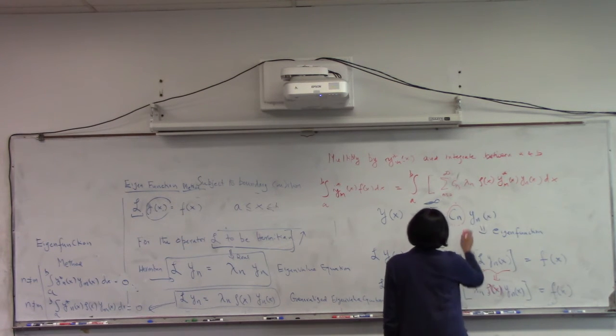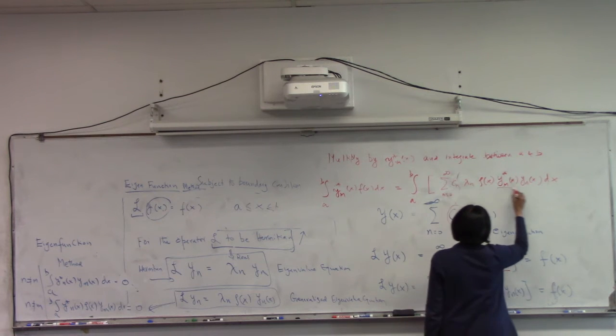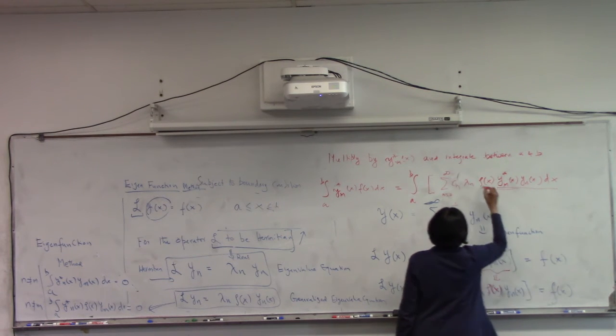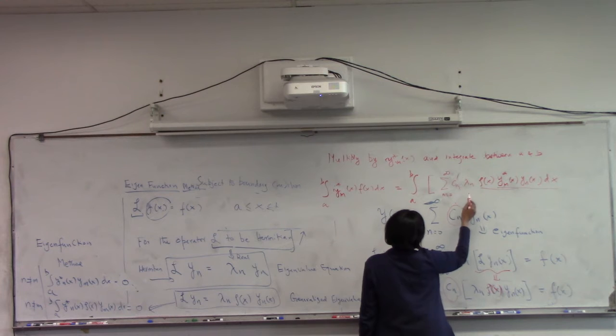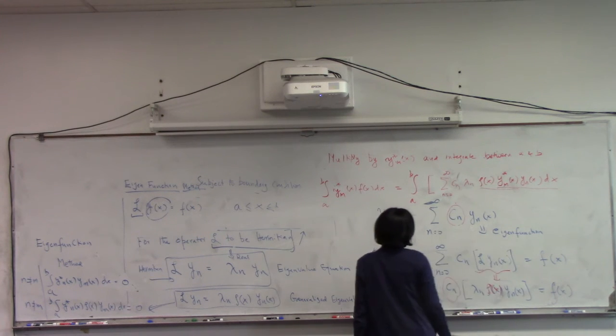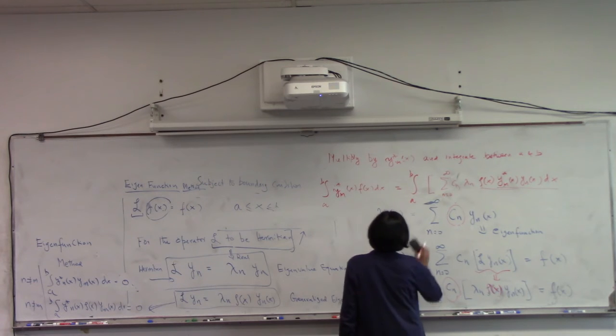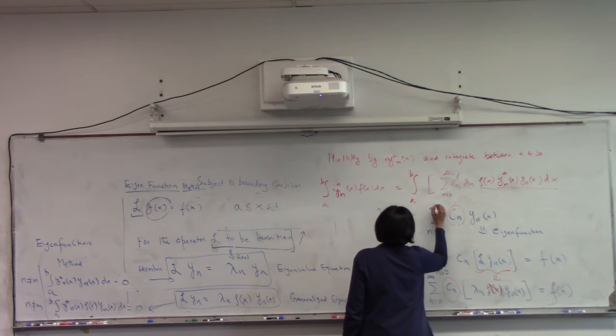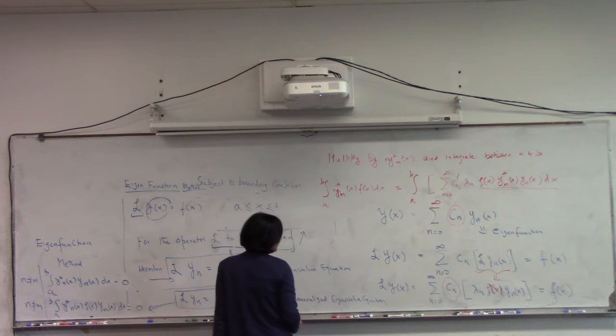This is what I have, but the integration is over the variable x, so we can just pull this integration in. What do we get? Because I want to apply this theorem.